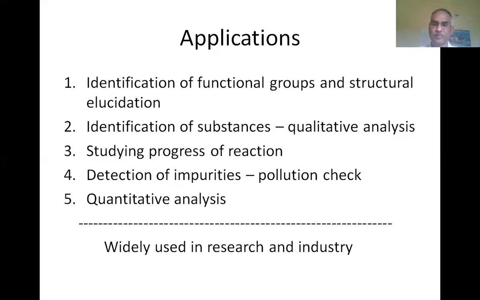Pollution control boards also use infrared spectrometers to identify pollution. After all, finding impurities is not difficult for an IR spectrometer. And quantitative analysis can also be done. That's why the infrared spectrometer is a must in most of the research and industry laboratories where analysis is done.